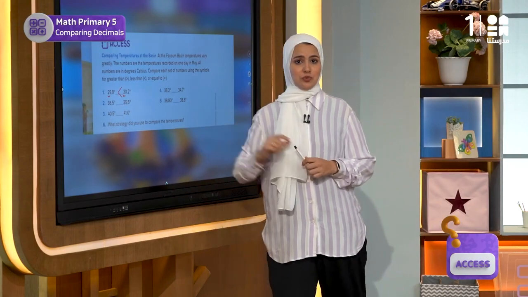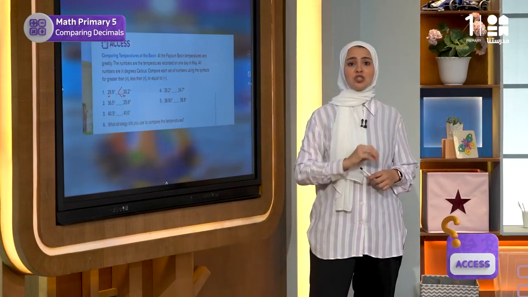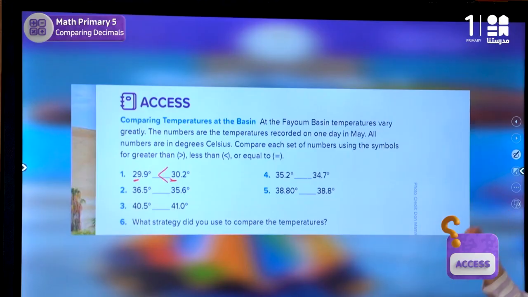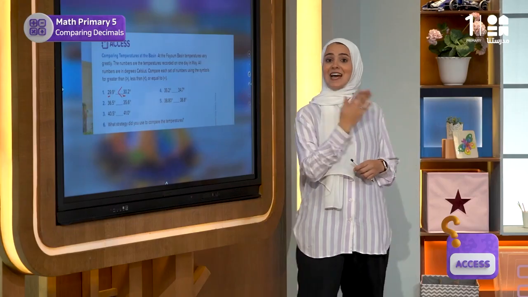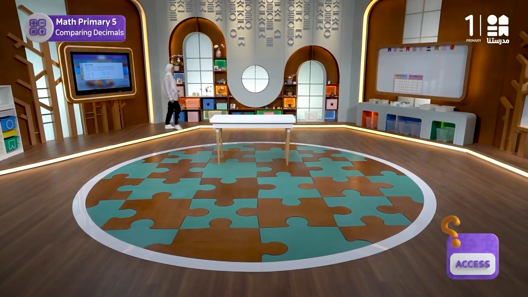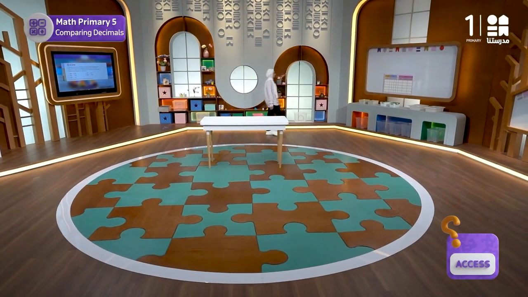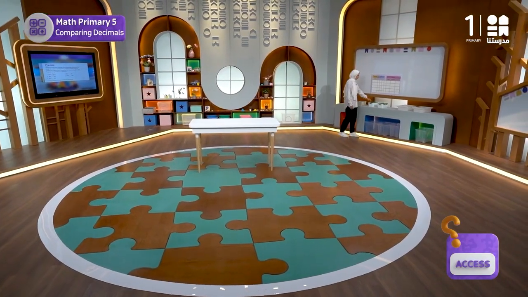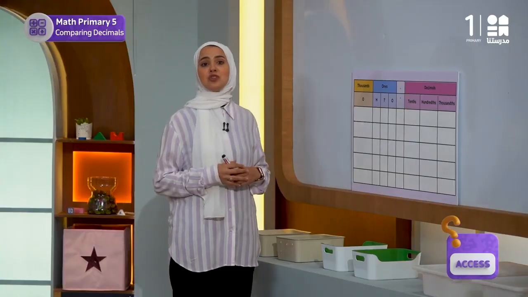In problem 2, another one of my students decided to use the place value chart to compare between the two numbers. Let's head to the place value chart and check the answers. Let's write the two numbers.